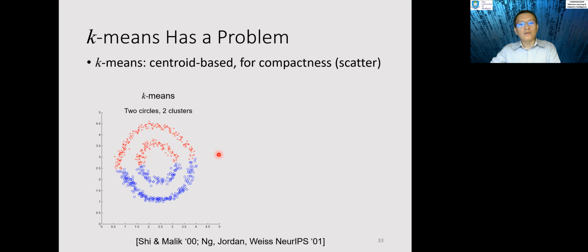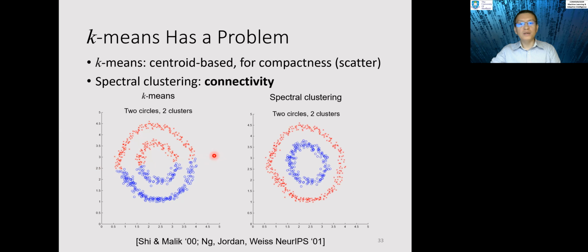And for this example, the result is very bad. But there is another clustering method called spectral clustering, which models the connectivity between data, and it can cluster these two circles perfectly.